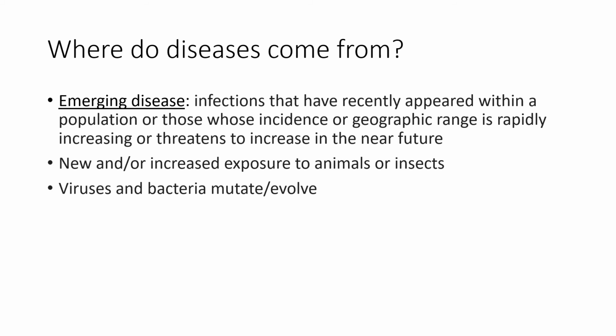So if there's a particular strain, and again, they keep evolving and mutating, they form different strains. And that has become one of the bigger fears of COVID-19, is that it is going to evolve into something else, which may cause more problems in the near future.